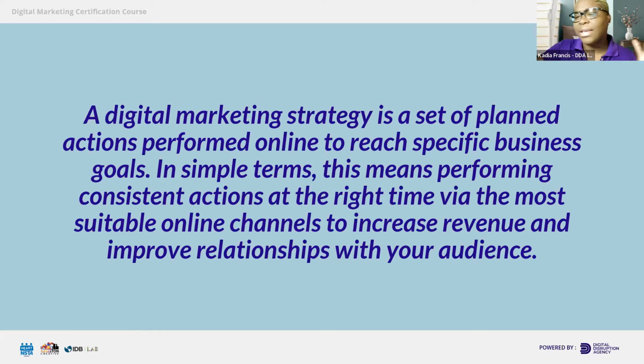Now, your digital marketing strategy by itself is not going to help you reach your business goals, right? There are other things you need to do, but certainly as part of your overall marketing plan, what you're looking at is the ways that you can use online platforms and digital tools to help you further those goals, okay?